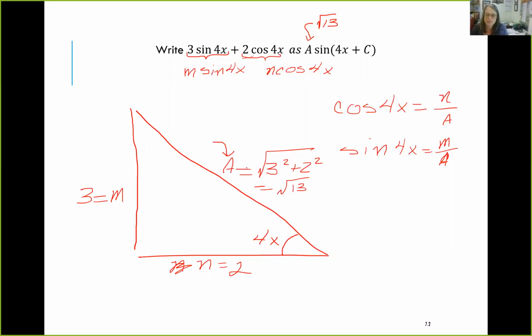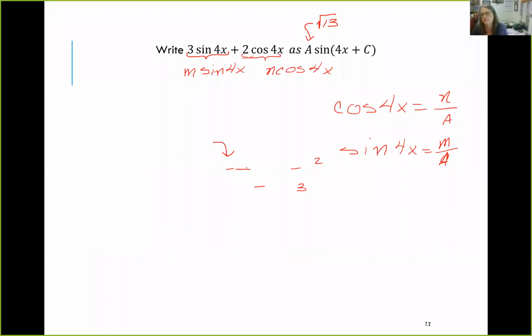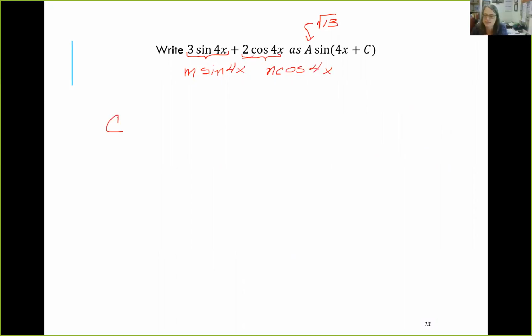Well, because of what we're doing, and because of the sum angle formula, it turns out that the cosine of this angle C is equal to M over A. So C is going to be the inverse cosine of M over A, which is the inverse cosine of 3 over the square root of 13.